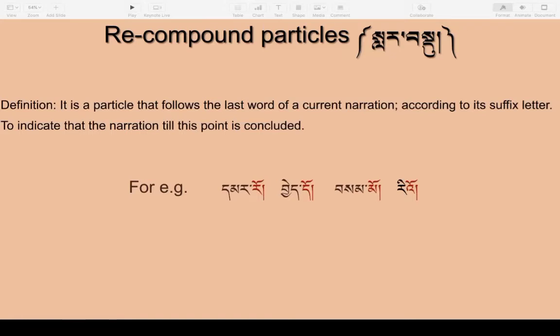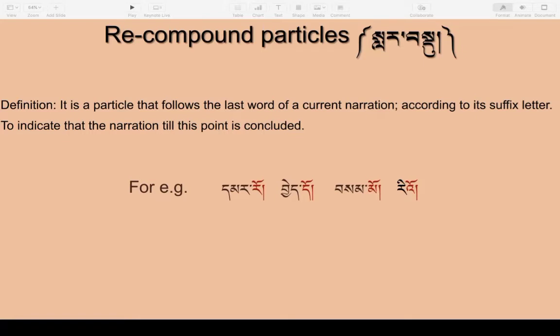So the definition: it is a particle that follows the last word of a current narration. For example, let's say that someone is talking about how recently we had the celebration of His Holiness's birthday. Someone was talking about what they did during that day.